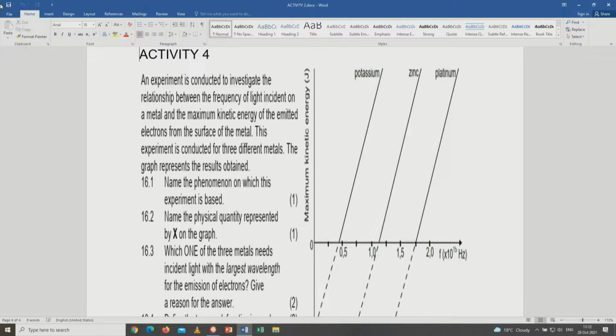Then this gives us the work function, which is equal to 1,16 times 10 to the power minus 19, because this is energy, and then joules.